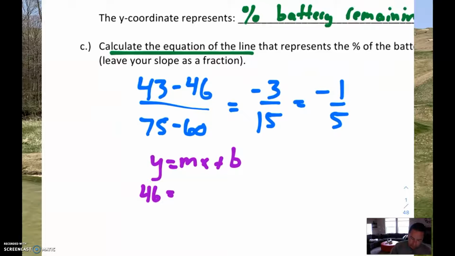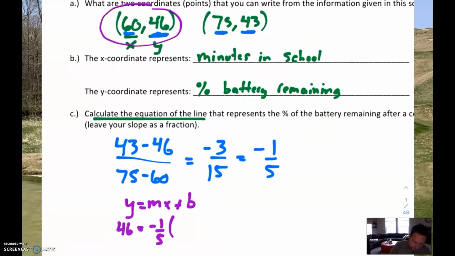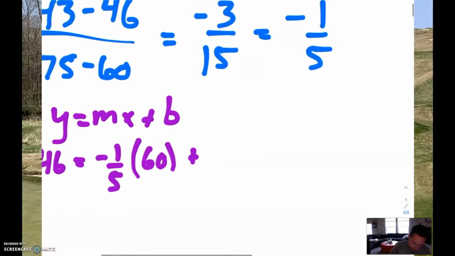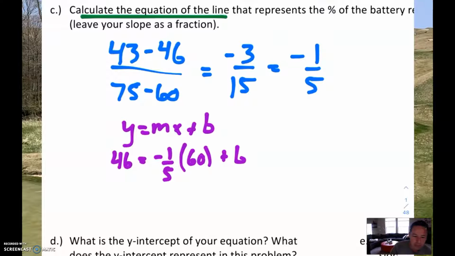So the slope in this case we found was negative 1/5. If you put negative 3/15, you'll still get the same answer in the end. The x is the x coordinate that's up here. That's going to be the 60. So I put a 60 and then plus b. And remember, we're trying to solve for that b. We don't know what b is. We're going to try and find it.